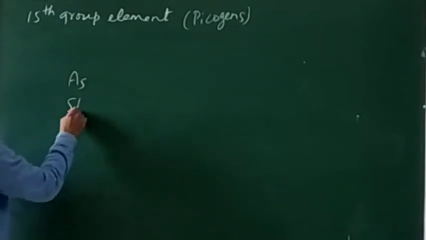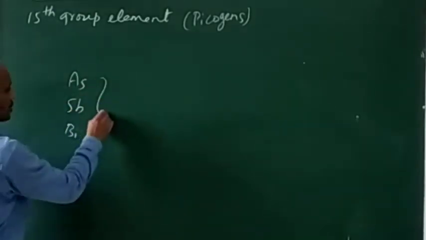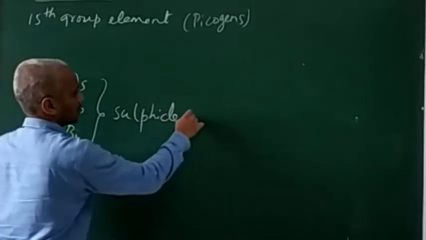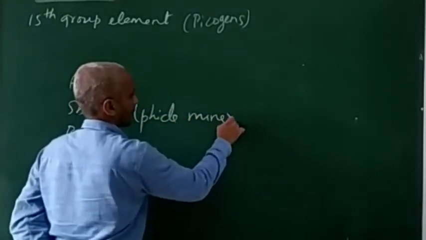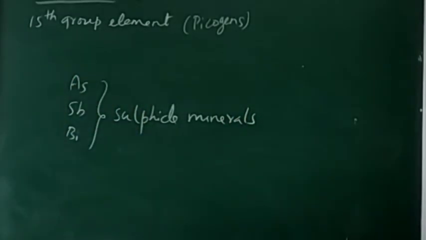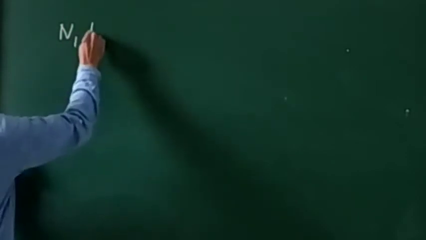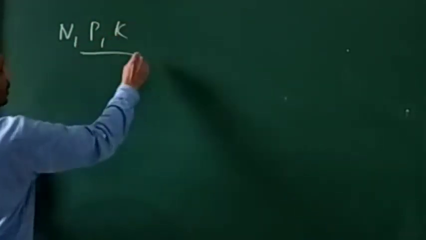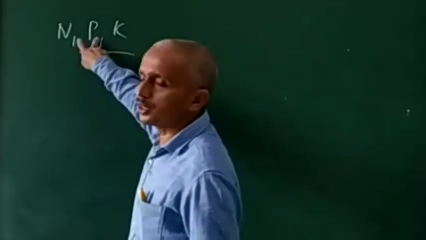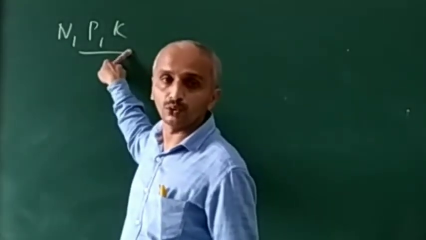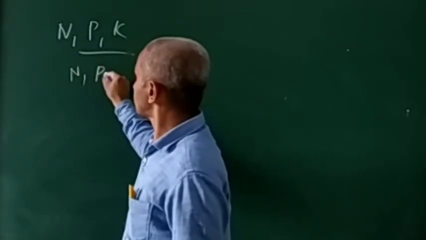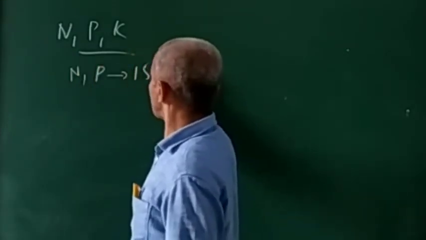Arsenic, antimony, bismuth are present in sulfide minerals. NPK fertilizer, you might have heard. So, nitrogen, phosphorus and potassium are the macronutrients. Nitrogen and phosphorus are there in the 15th group only.